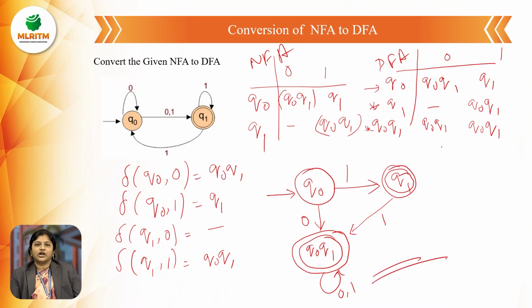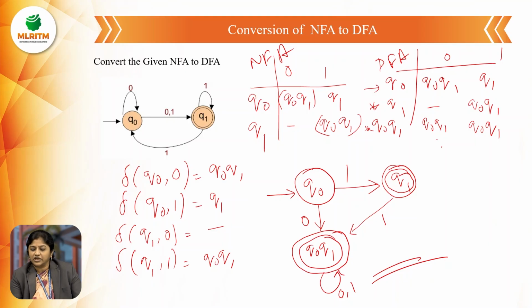This is how we need to convert the given NFA into the DFA. What we have done is, first we wrote the transition table for the given NFA. Next, we start with the initial state, that is Q0. Whatever transition functions we get, we write, and for whichever new states we get, we derive for those.